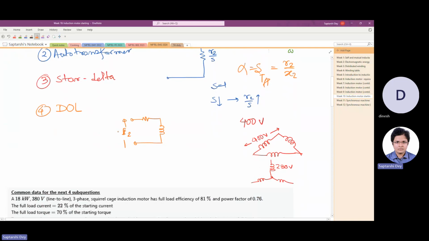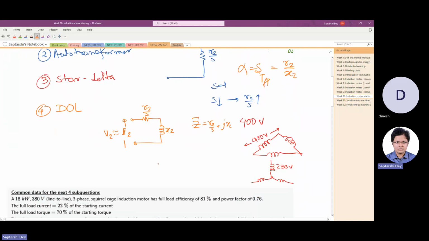This E2 is almost equal to the supply voltage V, or equal to V if you completely neglect the impedances. And you have here R2 by S plus j X2. Now let us call this thing Z, Z equal to R2 by S plus j X2.